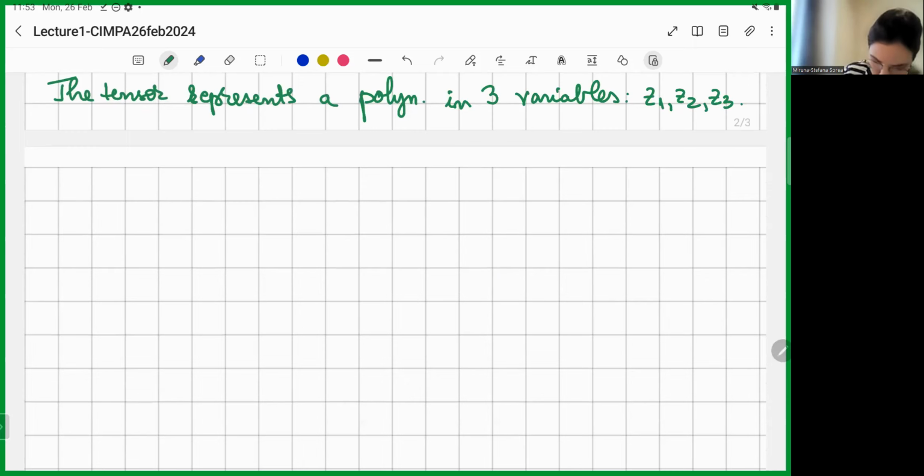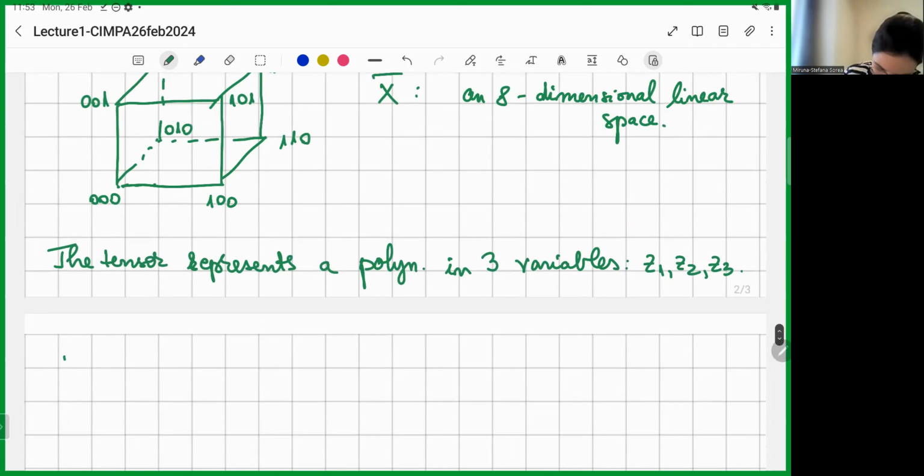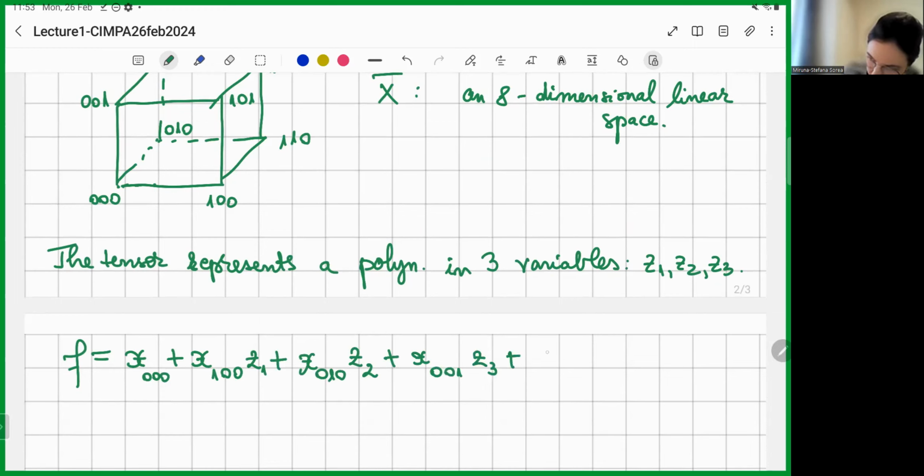We have f, the polynomial: x000 plus x100 Z1, plus x010 Z2, plus x001 Z3, plus x110 Z1 Z2, plus x101 Z1 Z3.